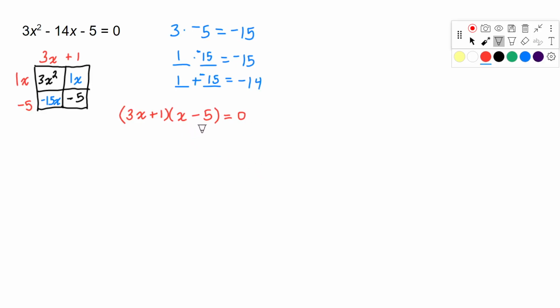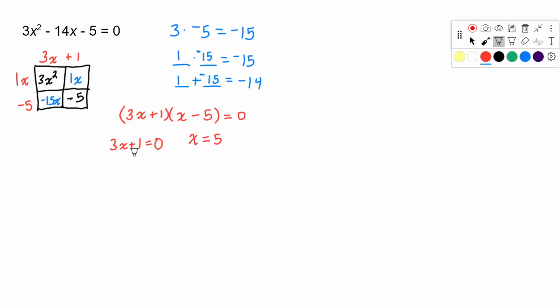Now, if we think about x-intercepts like we did on the last problem, one of them should be easy to identify, and that's the x equals 5 intercept. For the other one, the 3x plus 1, if we want to find out what x is for the intercept, I need to set that expression equal to 0.